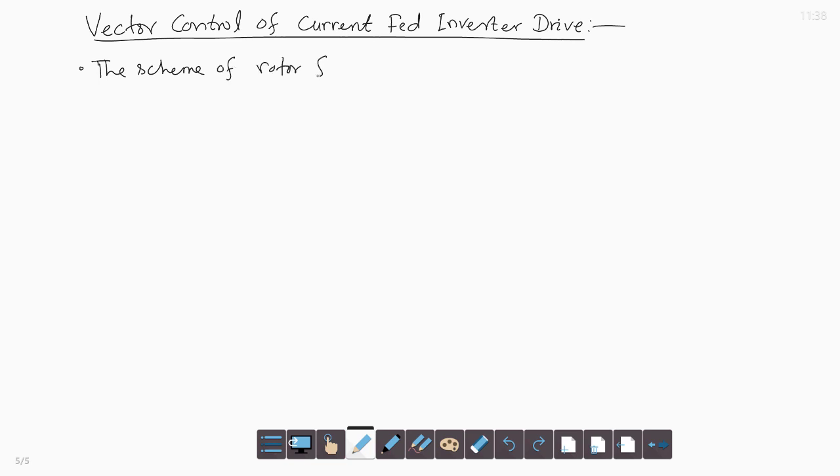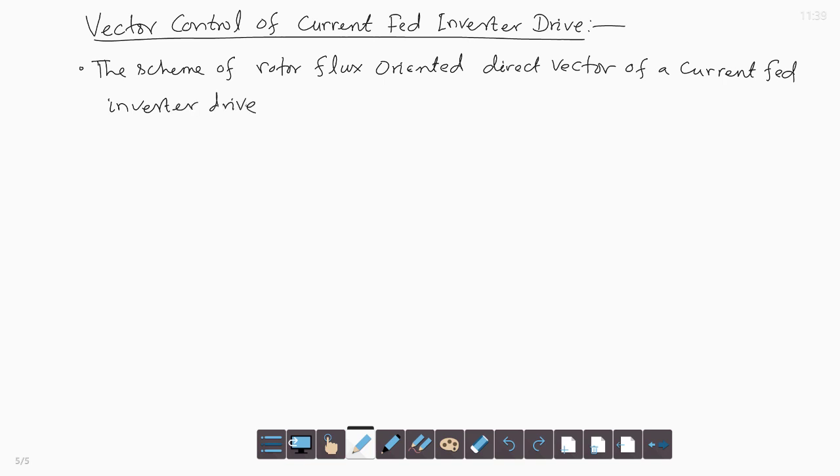The scheme of rotor flux oriented direct vector control of a current fed inverter drive is shown in figure 3. So, we will draw the scheme right now.